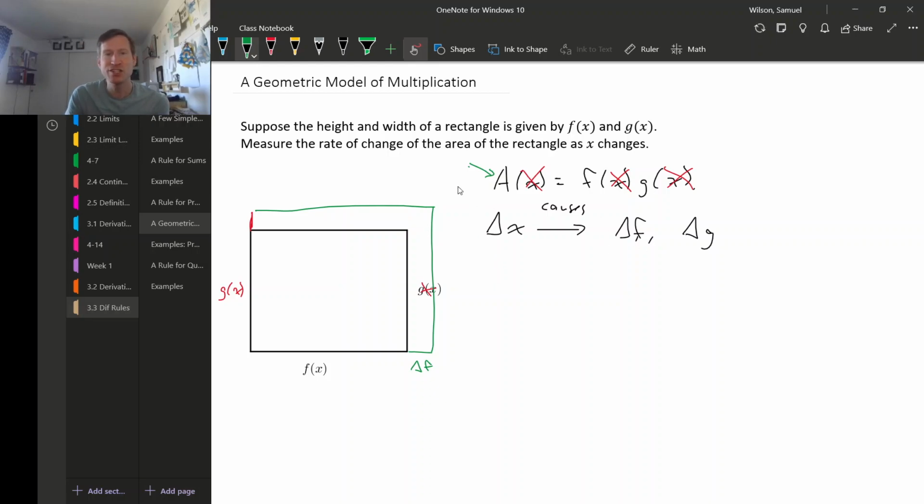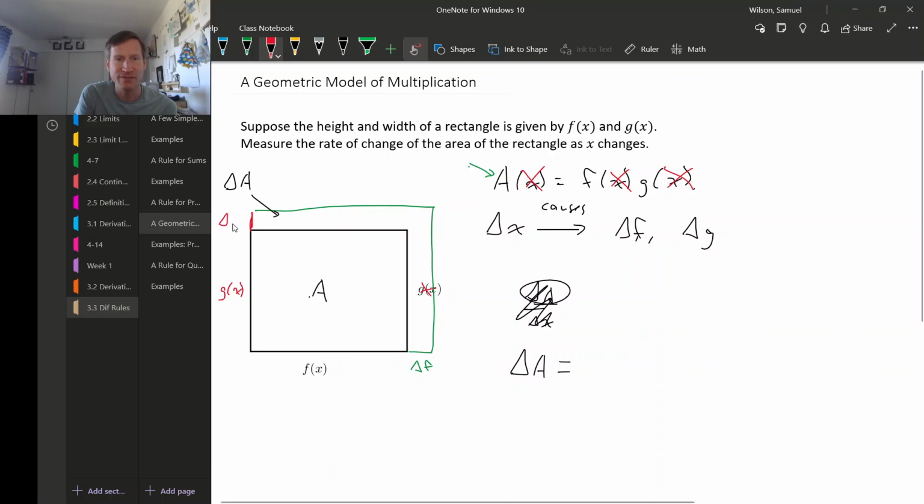Well, the rate of change of the area is just going to be the change in the area divided by the change in x. So let's figure out what is the change in area. Then we can just divide by the change in x. So for the change in area, this solid black rectangle is the area we started with, and so the change in area is going to be this extra stuff we get along the top and along the right hand side as f and g expand, adding these extra bits, delta g and delta f.